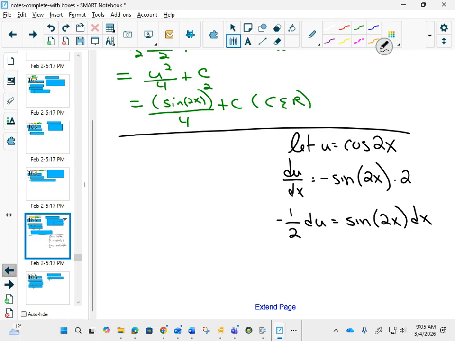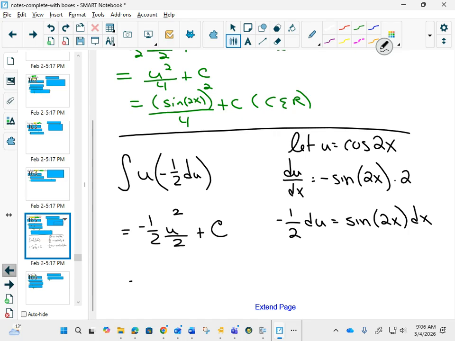Very similar. Obviously, I'd recommend the first one we did better because it doesn't involve a negative, right? Anytime you add a negative into a question, your chances of a mental math mistake just go up like crazy. So the first method is definitely better, but we could have done this. And now when I substitute, I would get u times negative 1/2 du, which, with that negative 1/2, add 1 to the exponent and divide, plus c.